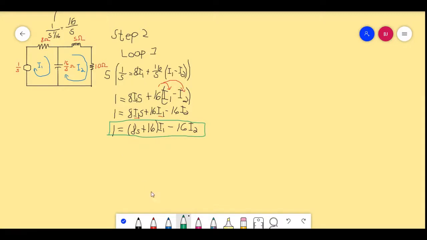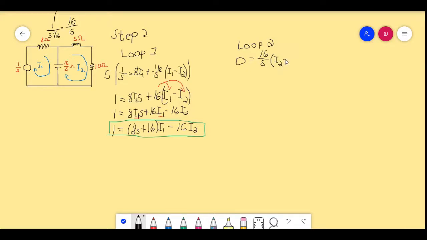Let's do the same with loop 2. As there are no voltage sources, our left-hand side would be 0. Start with the middle. So 16 over S multiplied by I2 minus I1.